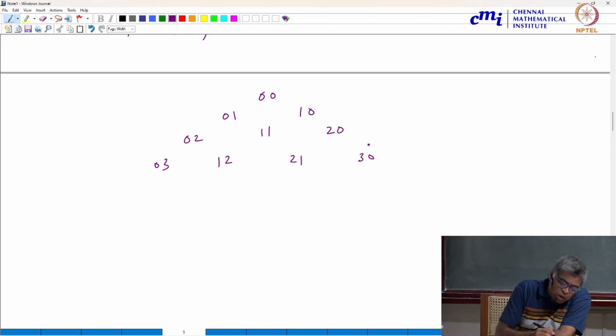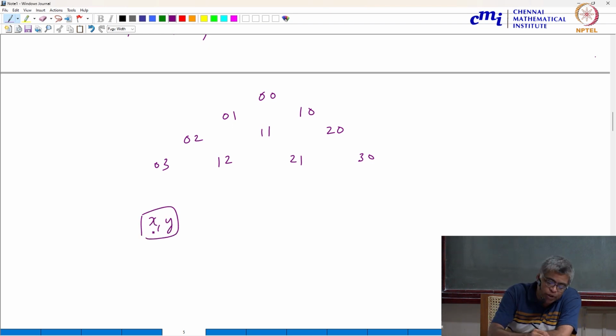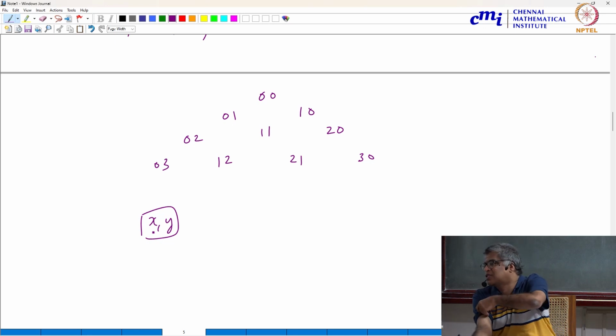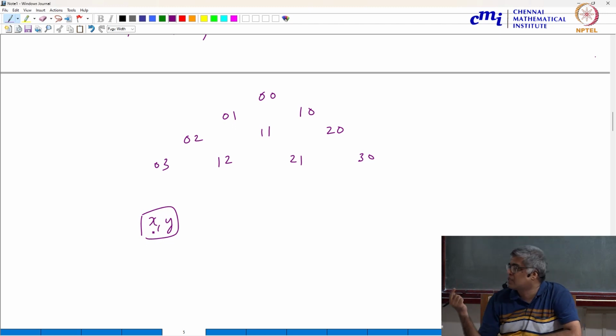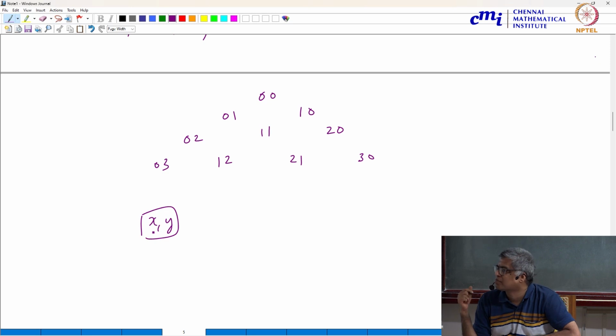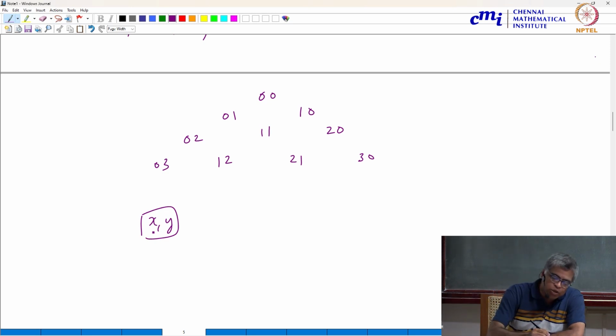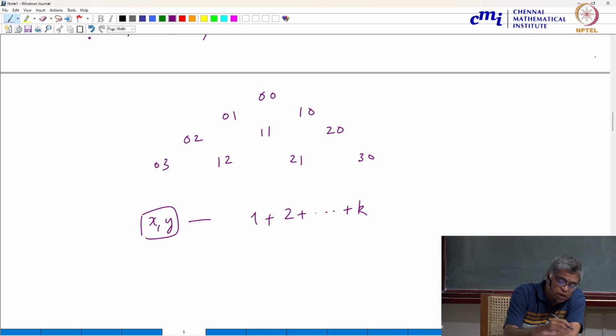If you take a general xy, before you come to xy you should have first listed all the pairs whose sum is 0, 1, 2, etc., all the way till x plus y minus 1. How many pairs are there with sum k? K plus 1. So to get to xy you will have 1 plus 2 plus dot dot dot plus x plus y, because x plus y is the number of pairs with sum x plus y minus 1.